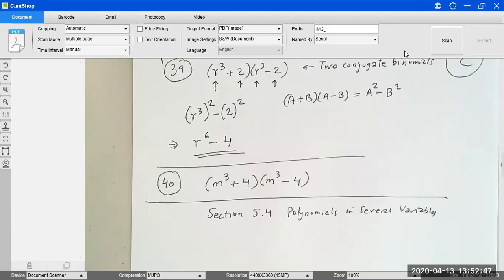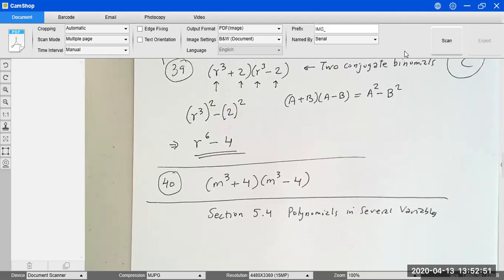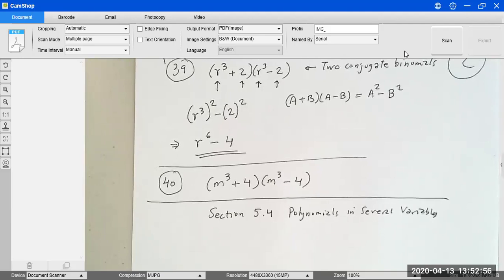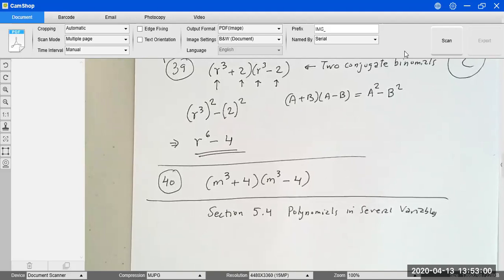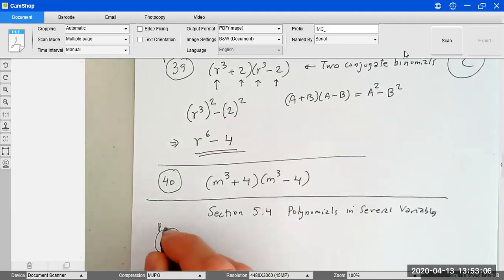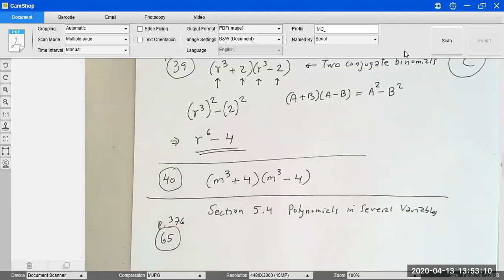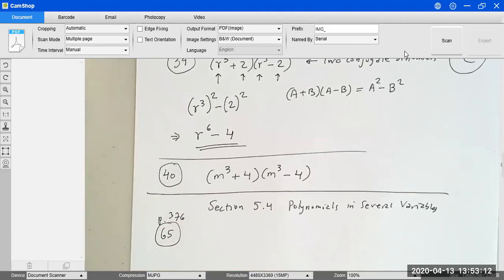So now from section 5.4 about polynomials in several variables, we're going to solve the following problems. So we're going to solve problem 65, and you're going to solve 66. 65 is on page 376. It's just a multiplication of polynomials.